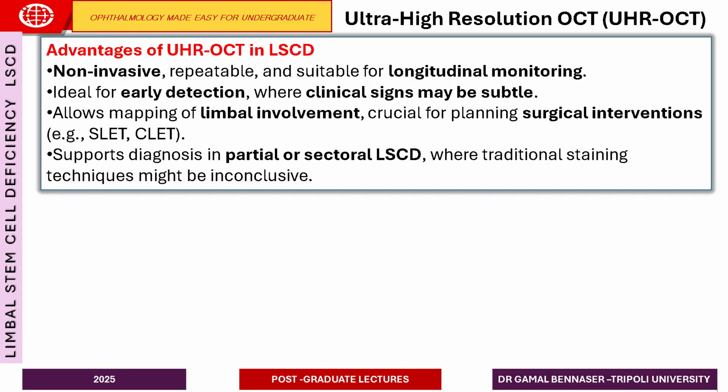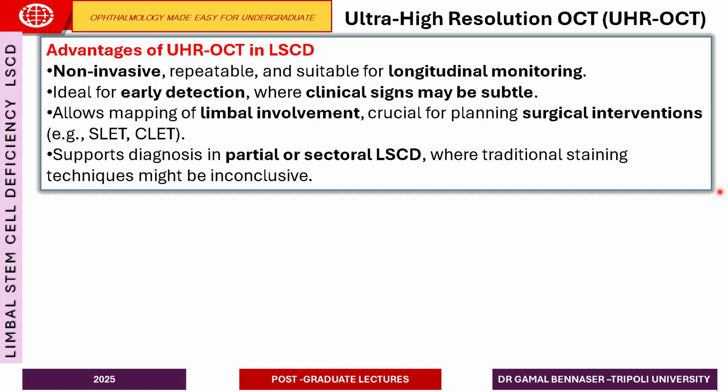Now we will speak about one of the recent modalities used in the diagnosis or imaging of the corneal epithelium and the corneal limbus, which is known as the ultra high resolution anterior segment OCT. It is ultra high resolution because it uses a broadband light source between 800 and 1300 nanometers, which provides a very high axial resolution ranging between 1 and 3 microns.